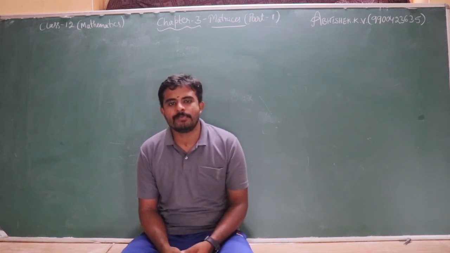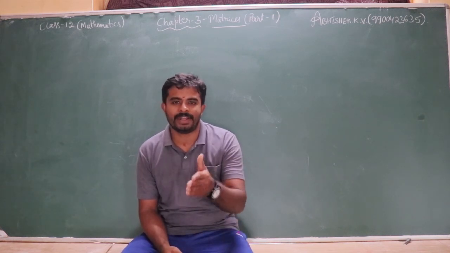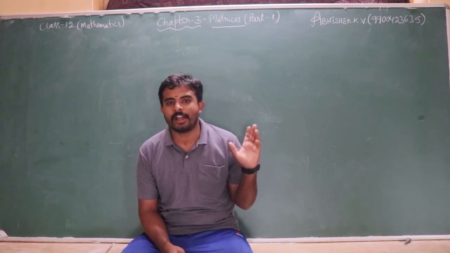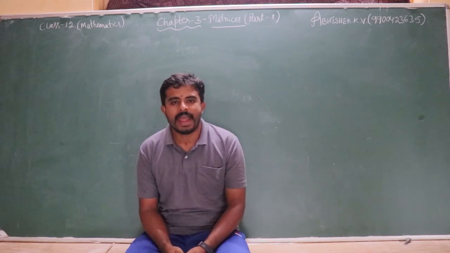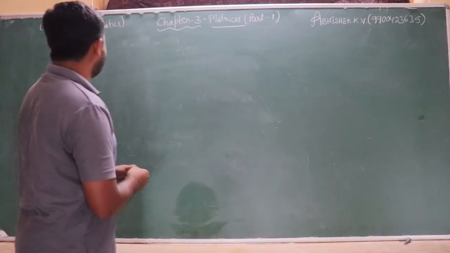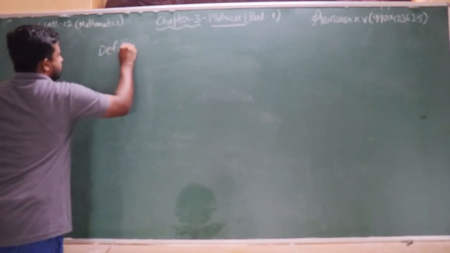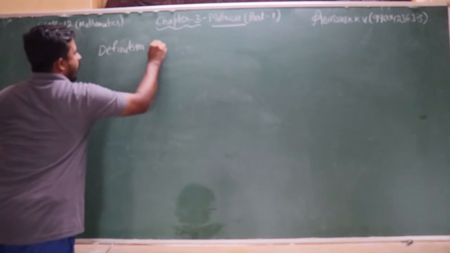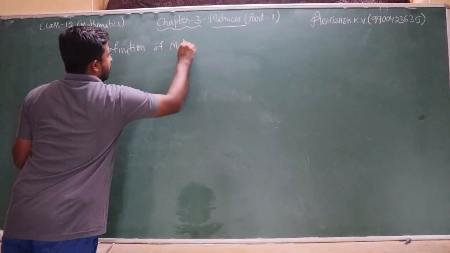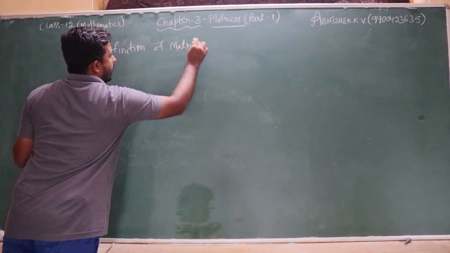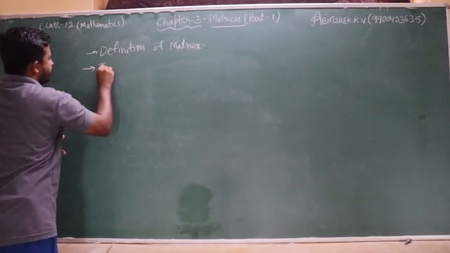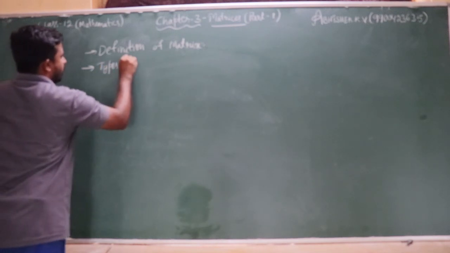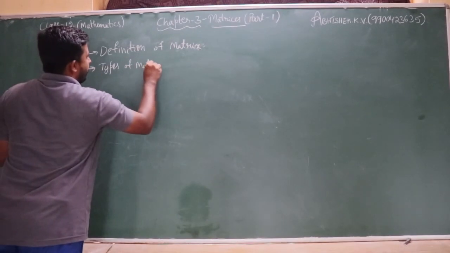And in this session, I move on to the next chapter, that is chapter 3, called matrices. This is not a continuation part, because this is a very new chapter for you, and in this chapter we are going to learn the definition of matrix, then types of matrices.